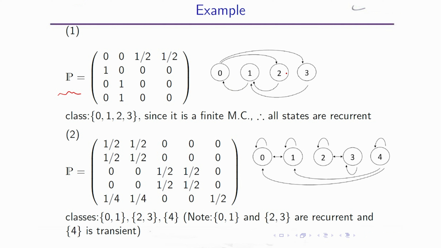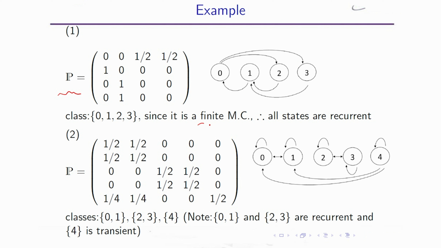How about 2 and 3? Can state 2 go to state 3? Yes. Why is that? Because 2 can go to 1, 1 can go to 0, 0 can go to 3, so 2 can go to 3, right? And can 3 go to 2? Yes, because 3 can go to 1, 1 goes to 0, and 0 goes to 2. So all of 0, 1, 2, 3 belong to the same class.